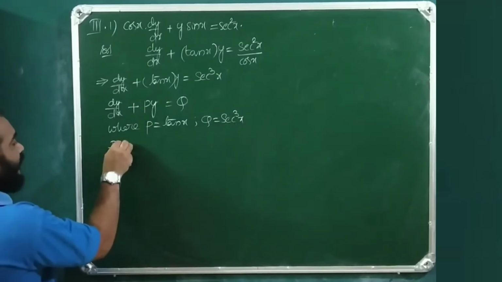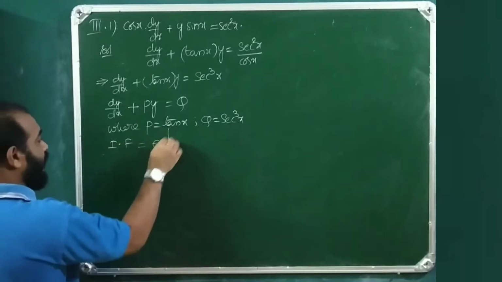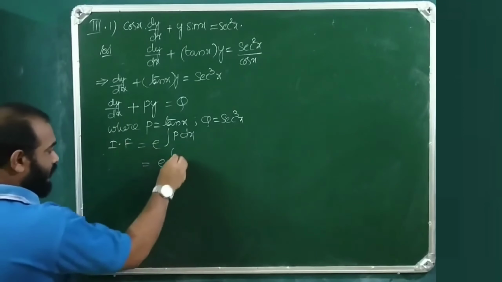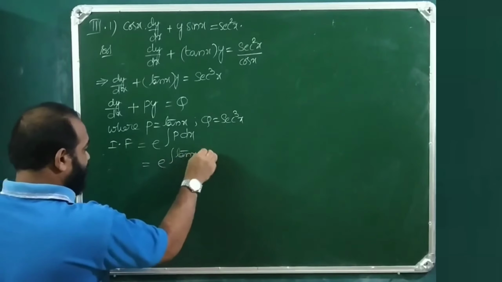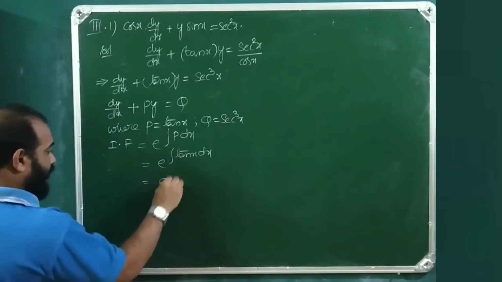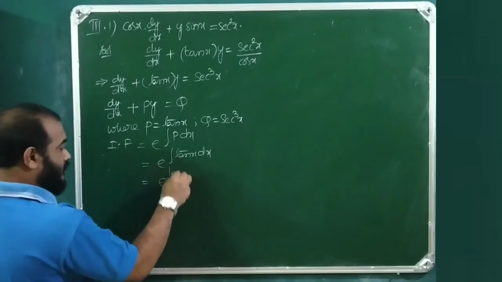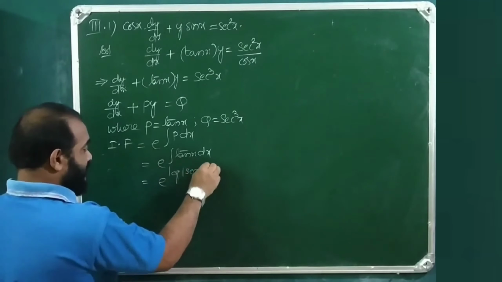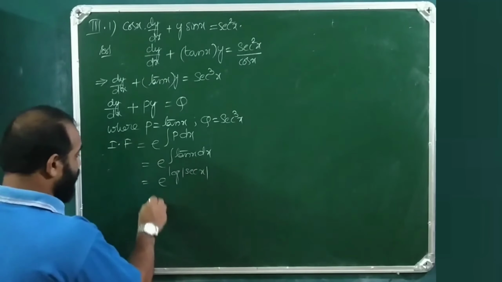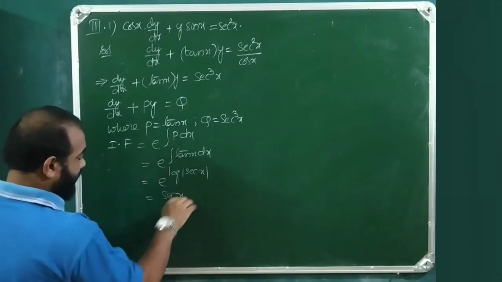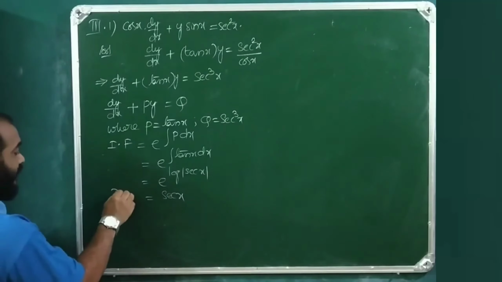So the integrating factor is equal to e power integral p dx, e power integral tan x dx. So e power integral tan x is e power log modulus of secant x. So this is equal to secant x. This is our integrating factor.